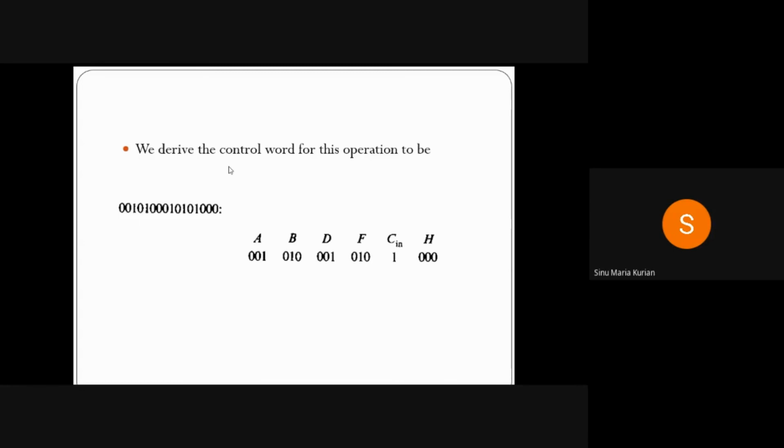The operation we are performing here is subtraction, so the F field is 010 and Cin is 1, and there is no shift in the shifter, so the H field is 000. So the control word for this operation is 001, 010, 001, 010, 100. So we can easily derive any control word for the micro operations.